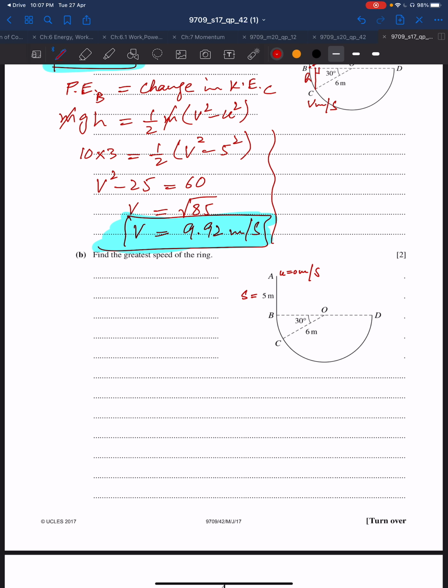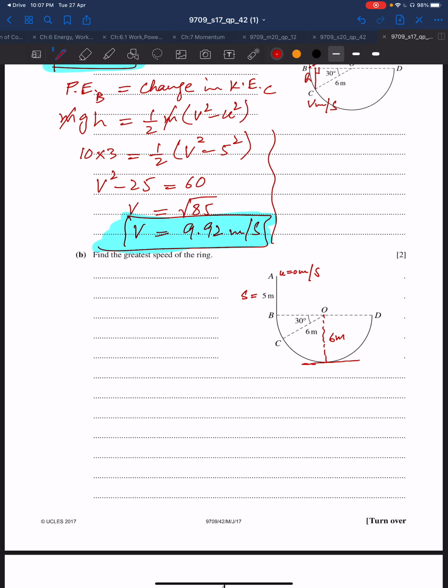This is the point where the speed of the ring will be maximum, at the bottom of the semicircle. When it reaches here, the speed will become maximum and then it will start decelerating, and at D the speed would be different. Now we'll find out what is the height. This height would be 6 meter because this is the radius of the semicircle.